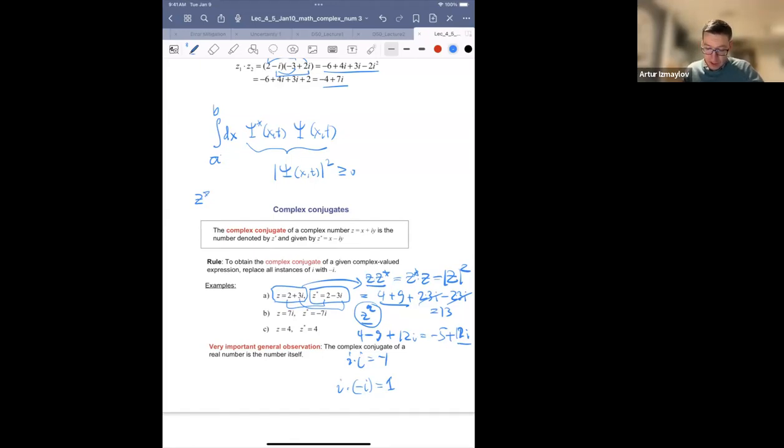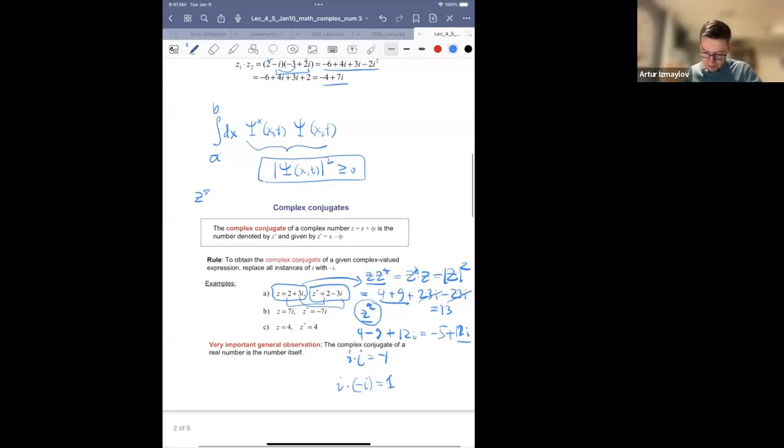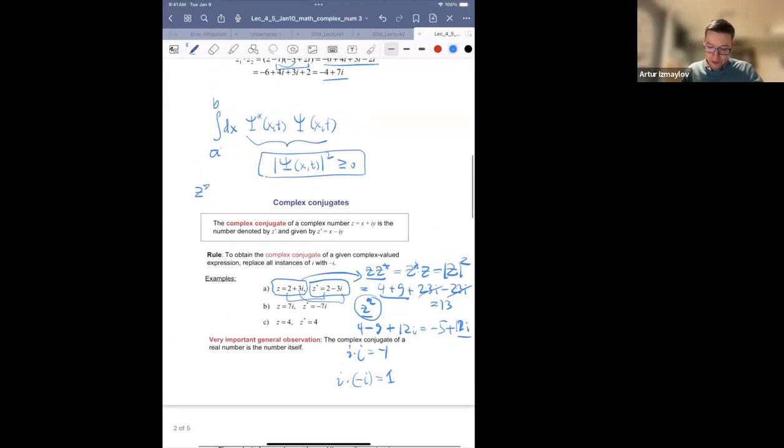It's nice because the physical meaning we could assign to the absolute square is a probability density, and any probability density must be positive. It cannot be negative. And this type of integral is what we'll be dealing with. Also, we will be dealing with any property, like kinetic energy, for example.